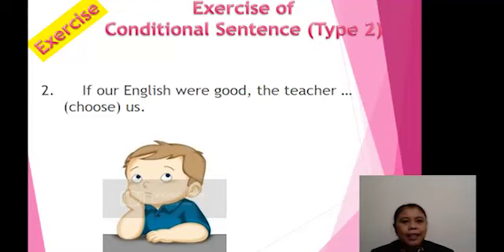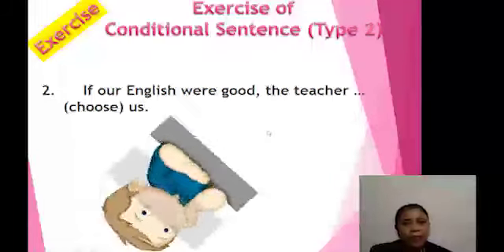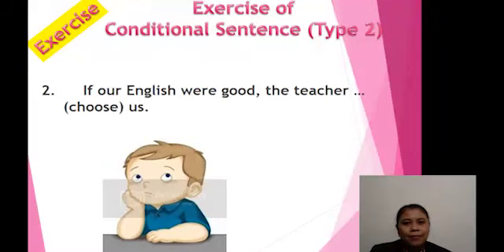Okay, now the exercise number 2 of type 2 conditional sentence. If our English were good, the teacher blank choose us. I give you the time to think. Do you get it?